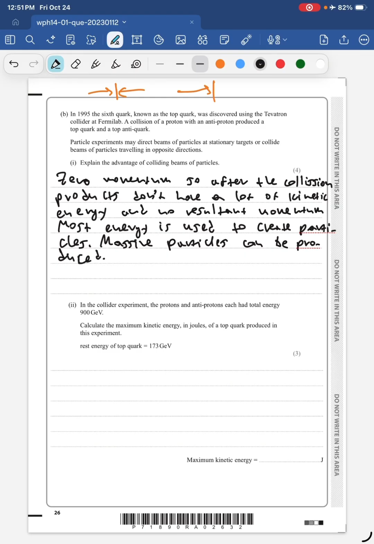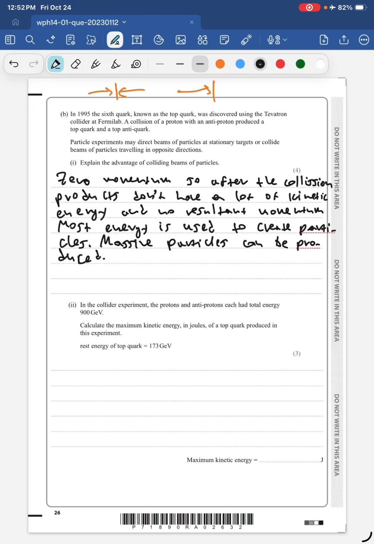Now, question 2. In the collider experiment, the protons and antiprotons each had total energy of 900 GeV. Calculate the maximum kinetic energy in joules of a top quark produced in this experiment. The rest energy of the top quark is 173 GeV.